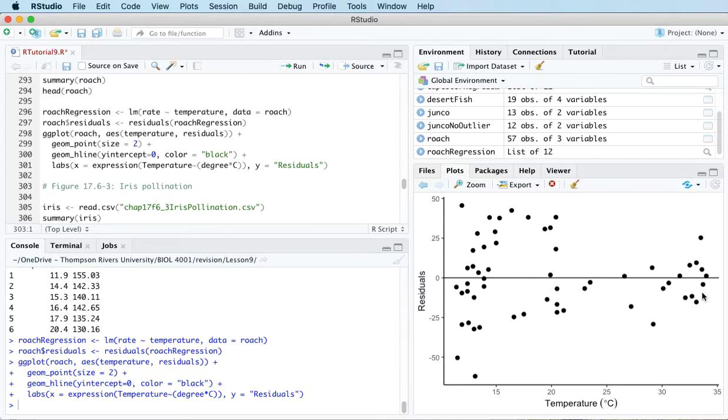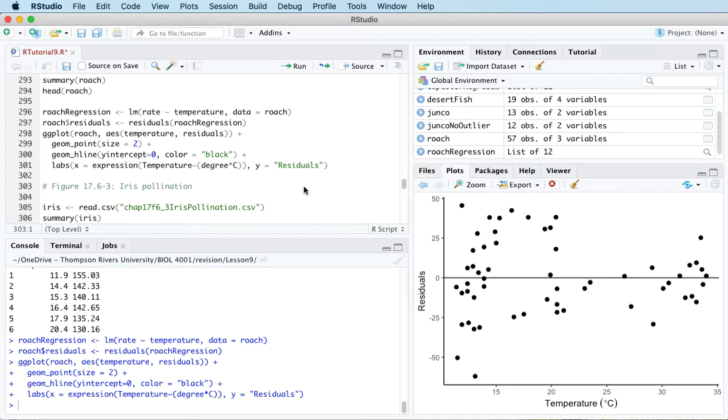So I don't have approximately equal variance of points above and below the line at all values of x. That means one of the assumptions is not supported by my residual plot, because one of the assumptions was that the variance of y values is the same at all values of x, and that wouldn't be supported by this residual plot.